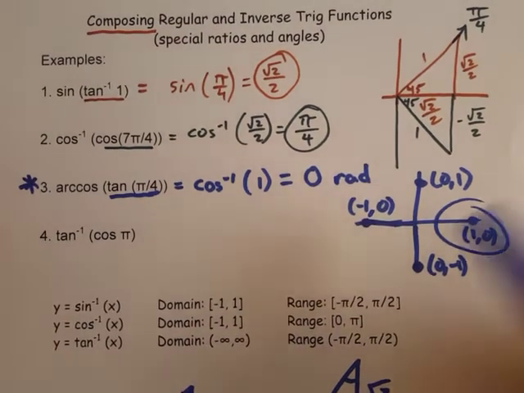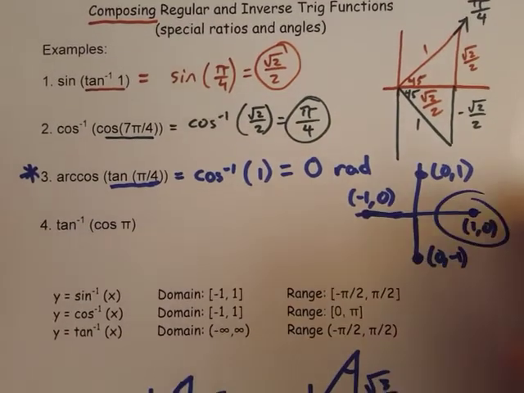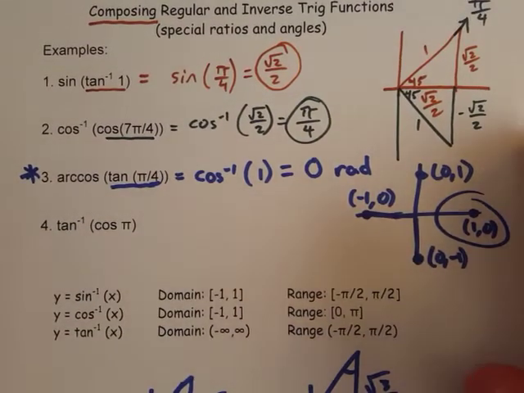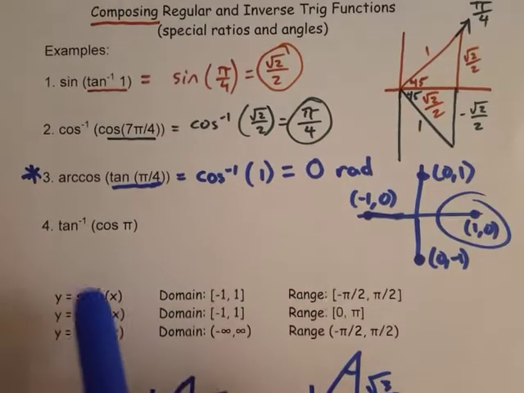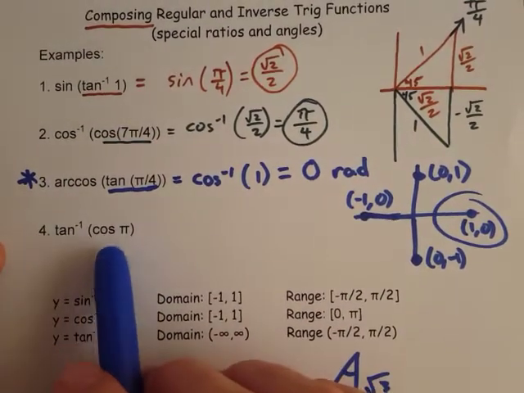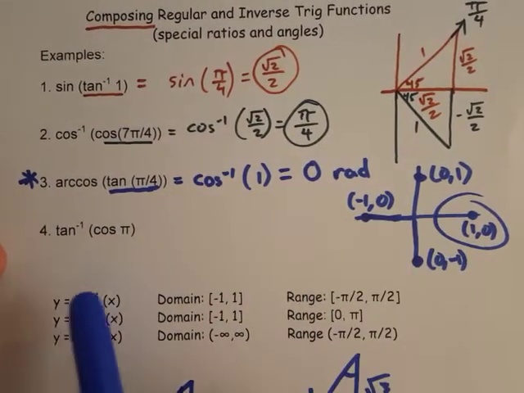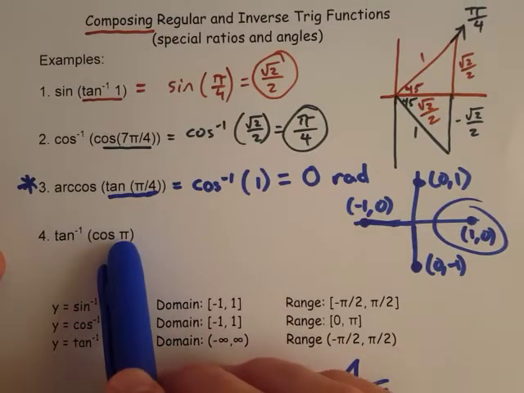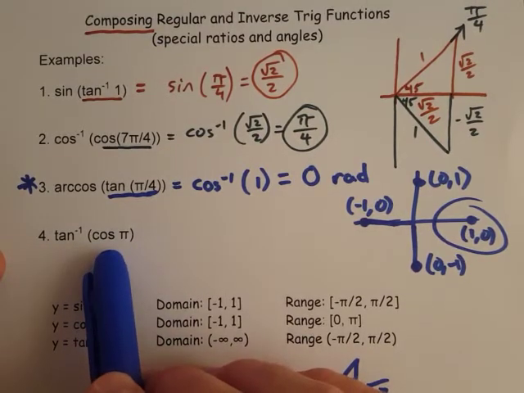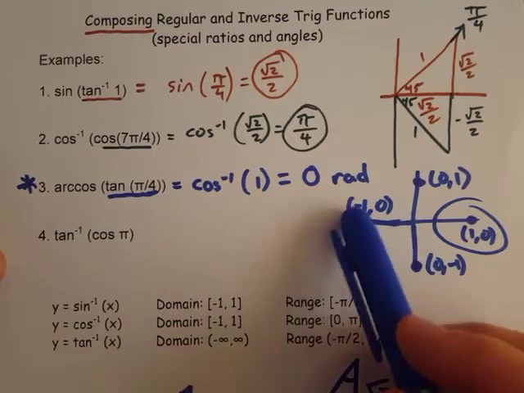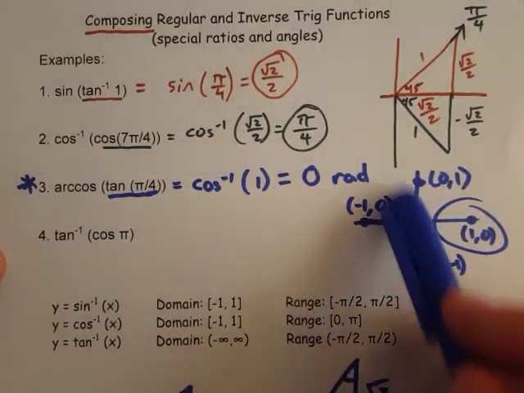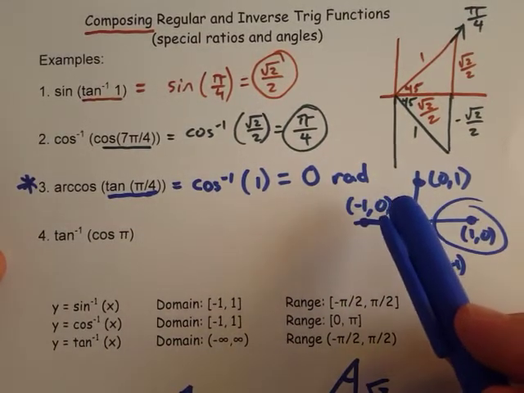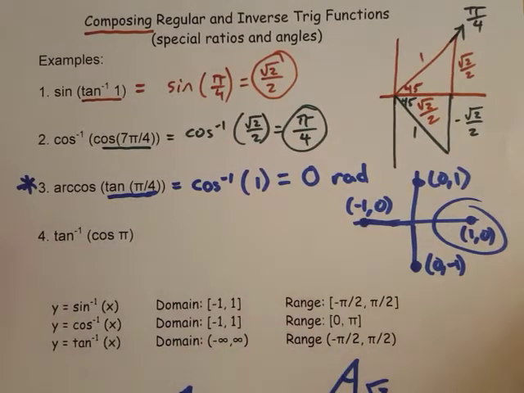Moving forward here, though, I've got this picture now with the quadrantal angles, and that's actually kind of a good thing because this last example is one that uses this one more time. So we have tangent inverse of cosine of pi. All right, now pi, that angle is right here. That's at this spot. So the cosine of an angle is, again, its x value.